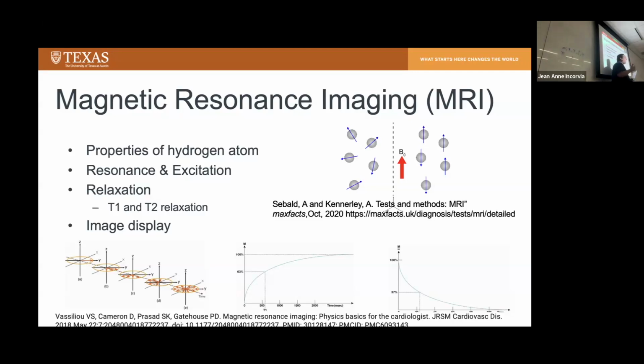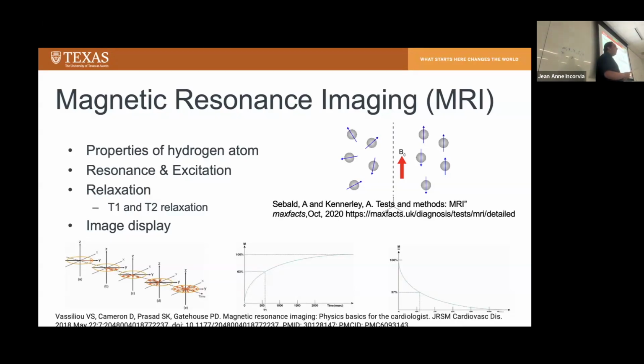Basically, you can think of it as you have all of them starting in the same phase, and then you measure the time it takes for all of them to be in different phases. So that's how you can think of the T2 relaxation.